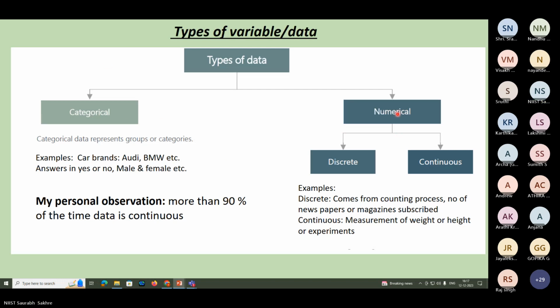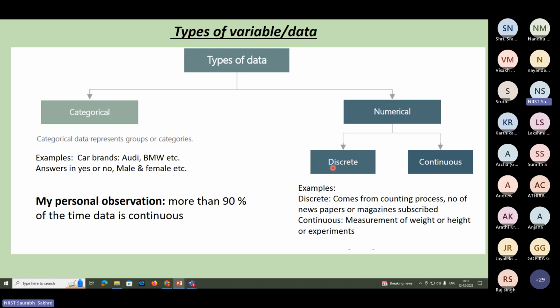Now in the second case, there will be two types of data we encounter. First one is discrete, second one is continuous. Now this difference you should understand. Discrete data comes from a counting process, like the number of newspapers or magazines subscribed. Suppose I ask you how many newspapers you have subscribed to.